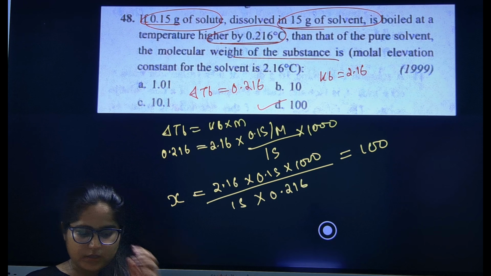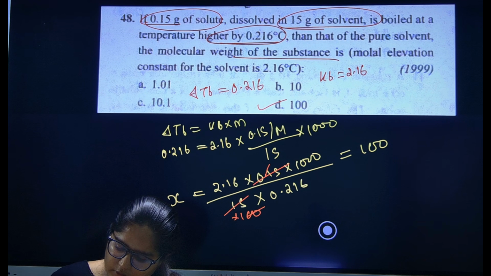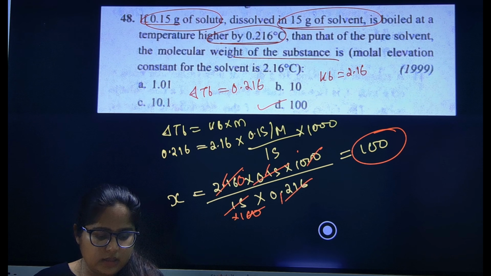So calculation and all you are supposed to do yourself. 15 and this will be cancelled, so we will get 100. Now double zero and double zero will be cancelled, and now this and this, 10 will be here, and this will be cancelled. So here we are getting 10 into 10, 100 is the right answer.